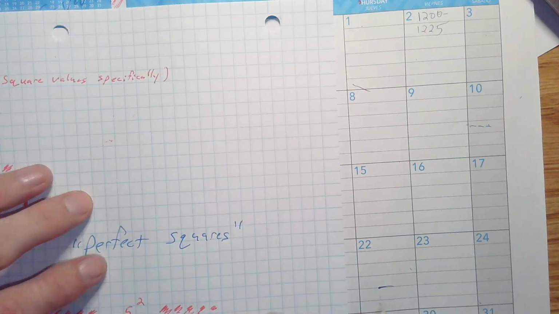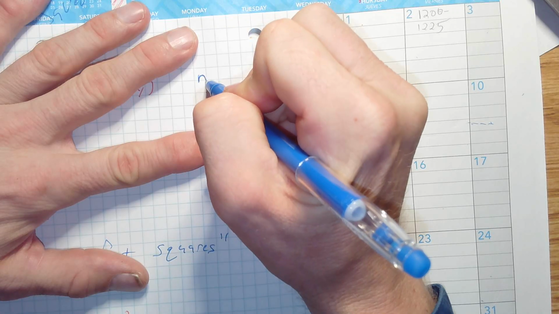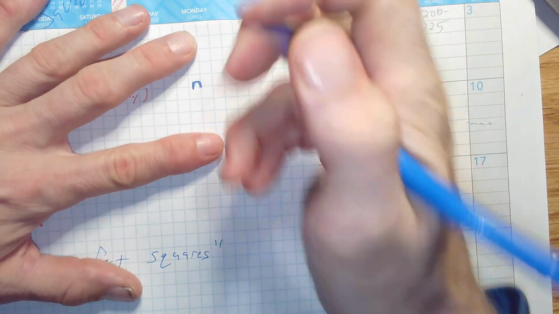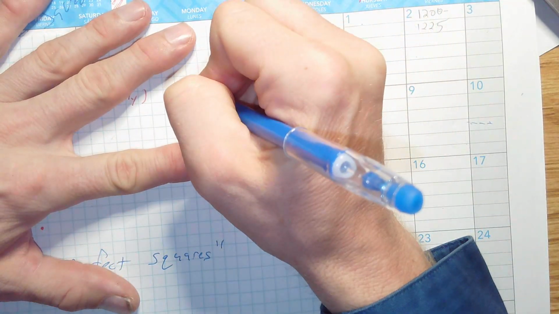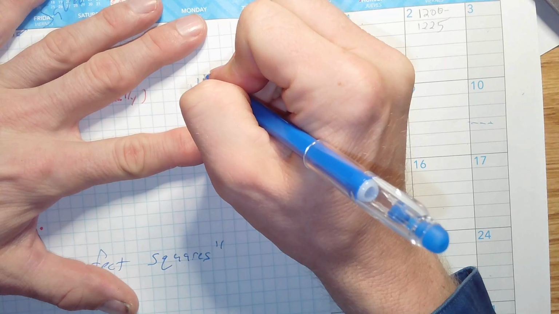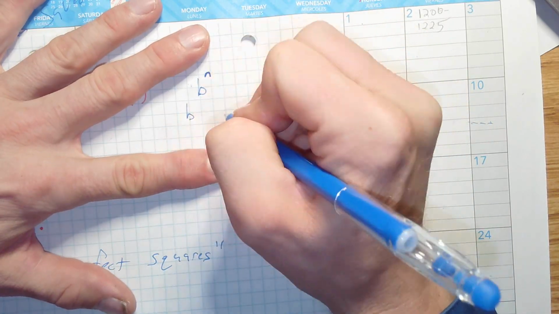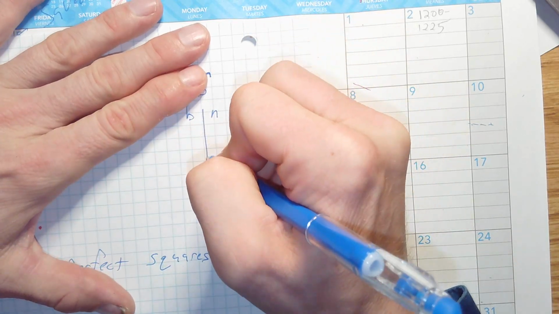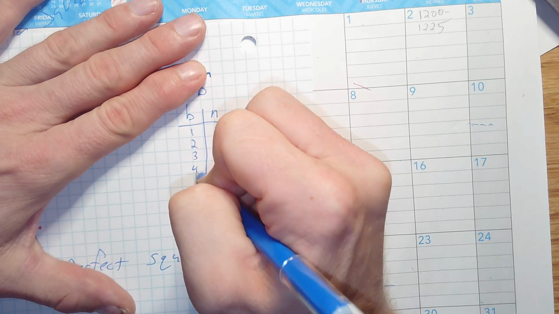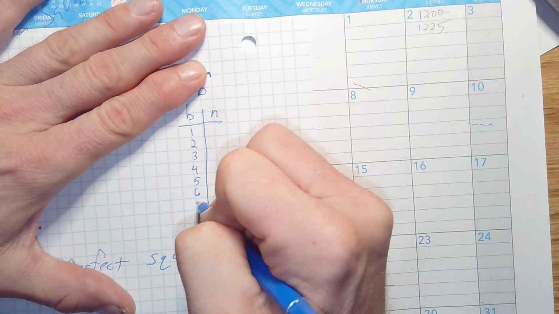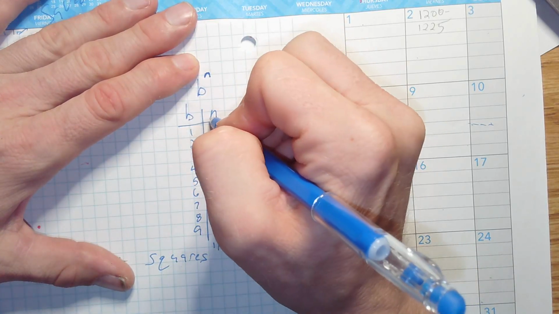So you can make a table. This is n, and we'll call this b. This is my base. So my base is this, and n is this. I'm going to do 1, 2, 3, 4, 5, 6, 7, 8, 9.